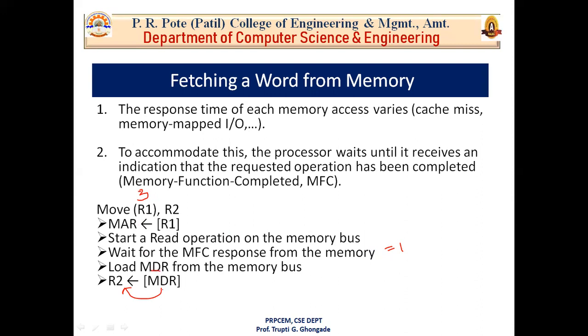And from the MDR register, we have transferred it into the register R2. Now the contents of R2 will be 3. So this is how fetching a word from memory, or reading data from memory, has been done.